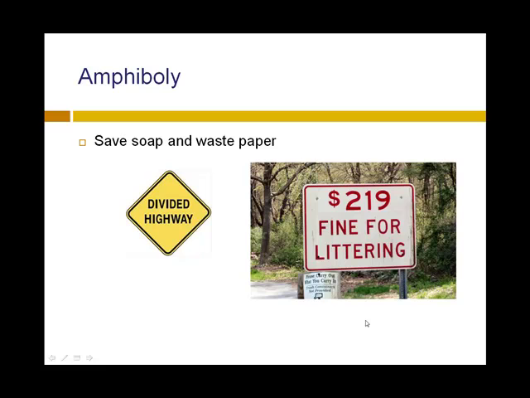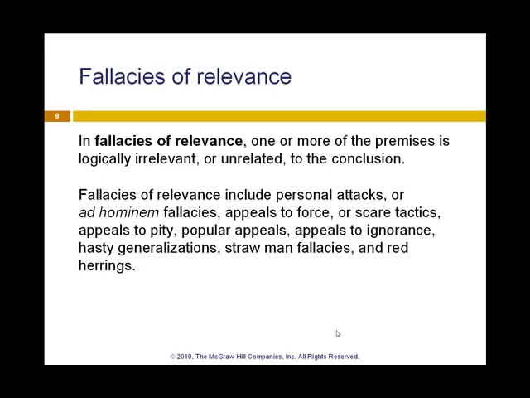In this particular case, you have to fill in the missing blanks. You'll get a fine of $219 if you litter. Or think of how somebody might literally say, well, I have $219 in my pocket, I think I'll litter, it's okay, it's fine. That's amphibolous.